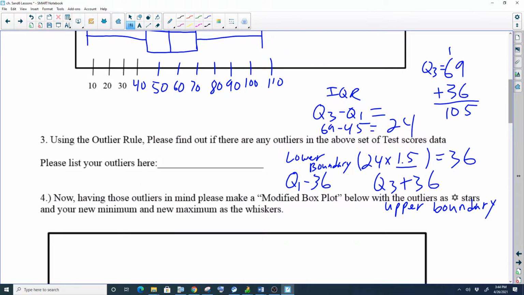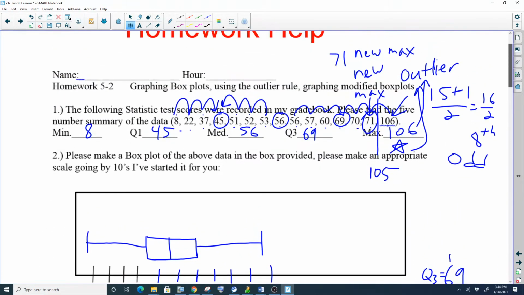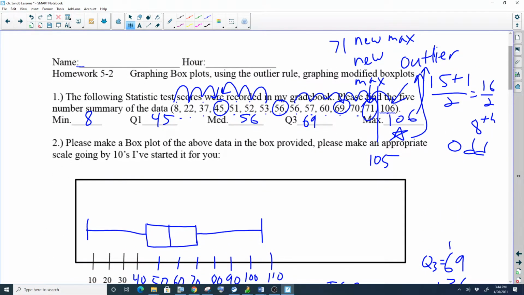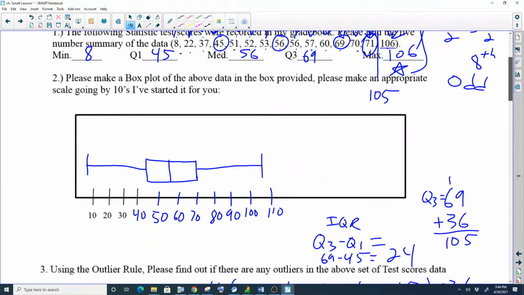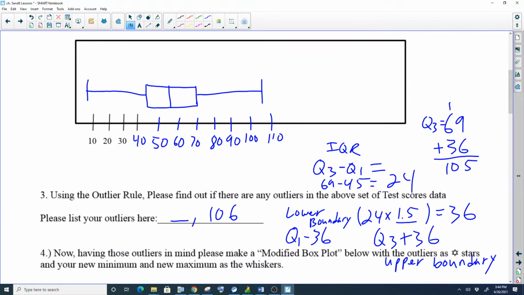So now, is that it? Is that the only outlier we have? Maybe, yes or no? If there is one, it'll be a lower outlier. So that means that maybe 8 is an outlier, or maybe 22 is, or maybe neither of them. So to figure that out, you're going to go ahead and do Q1, which is 45, and you're going to minus 36 now.